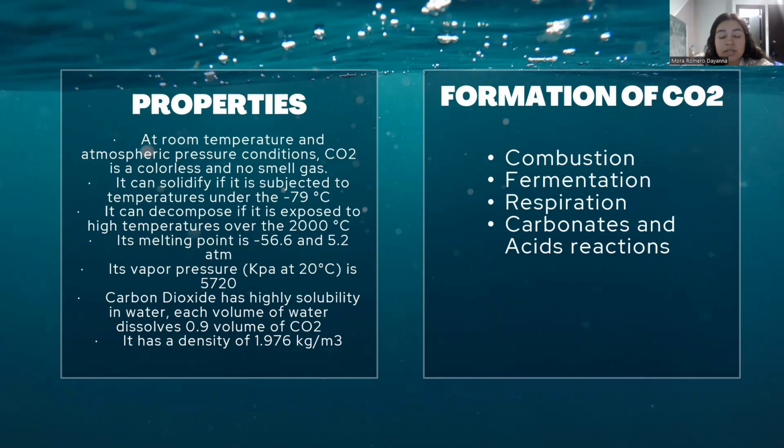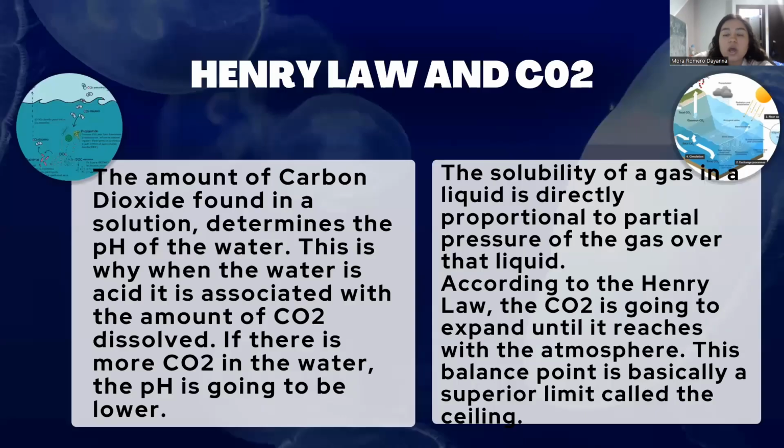We have the respiration process. Animal respiration basically consists of taking in oxygen and releasing carbon dioxide. Finally, we have the carbonates and acid reaction. Some salts, acid carbonates, can react with some acids and form carbon dioxide.